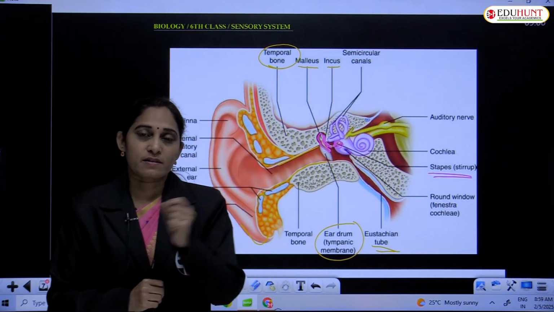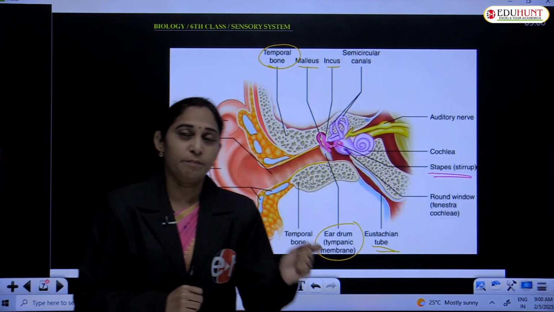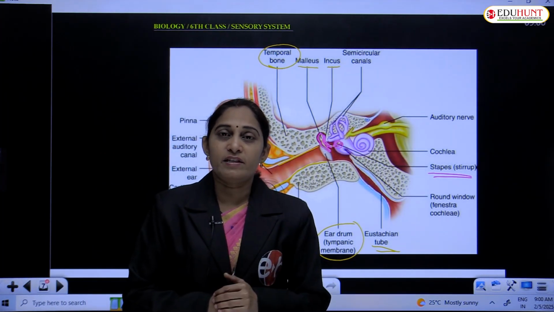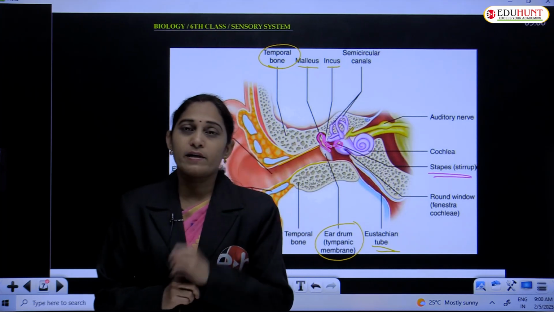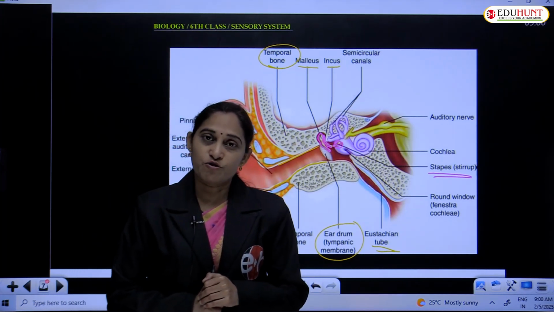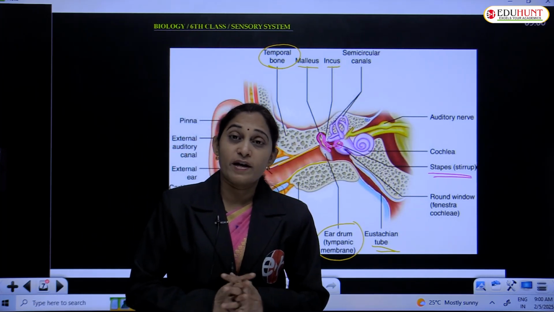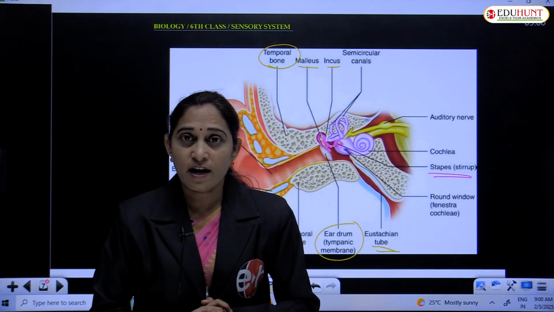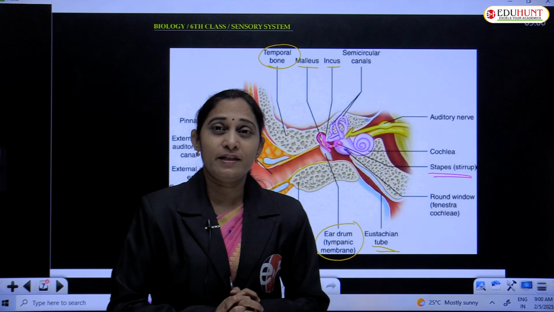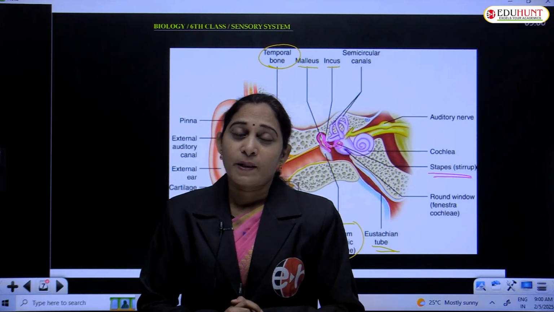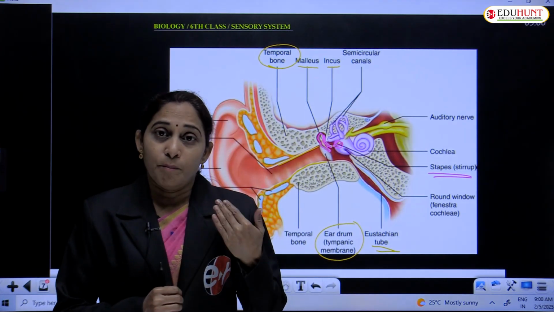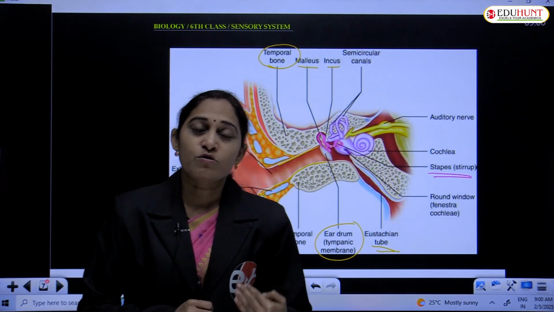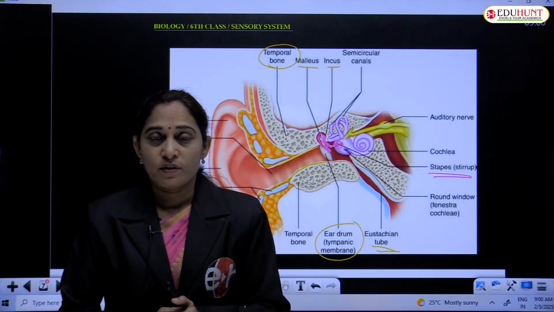Both cavities, the tympanic cavity and the pharyngeal cavity, are connected by a small canal. That canal is called the eustachian duct, and it is very highly important because it plays a role in maintaining the sounds and protecting the tympanic membrane from sounds of higher volumes.